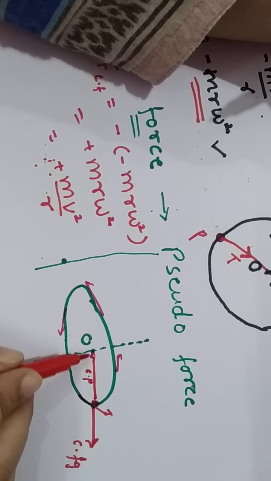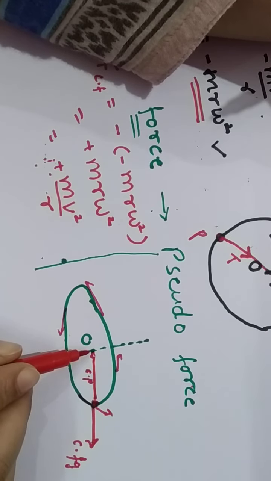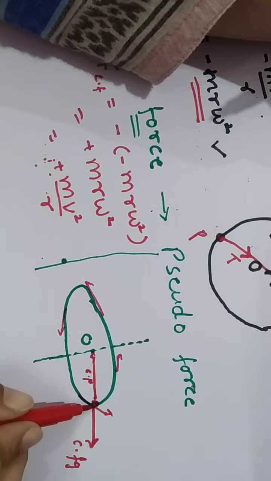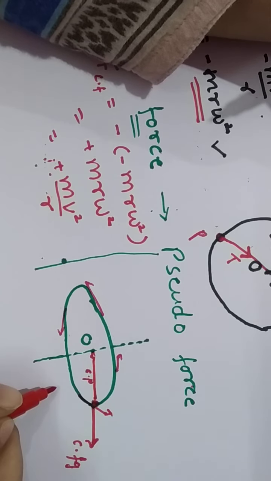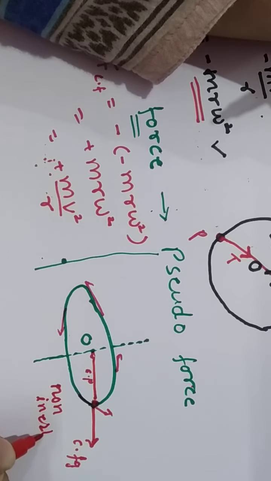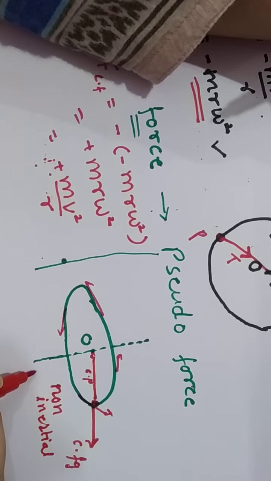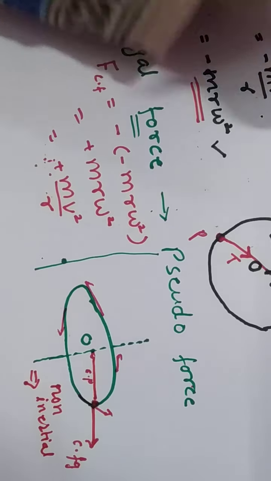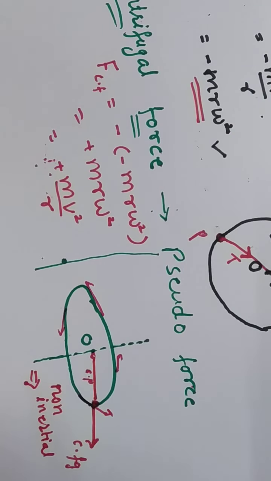Centripetal force is necessary for circular motion, while the centrifugal force arises because of the non-inertial frame of reference, because the frame of reference gets accelerated. Remember that Newton's laws of motion are only obeyed in the inertial frame.